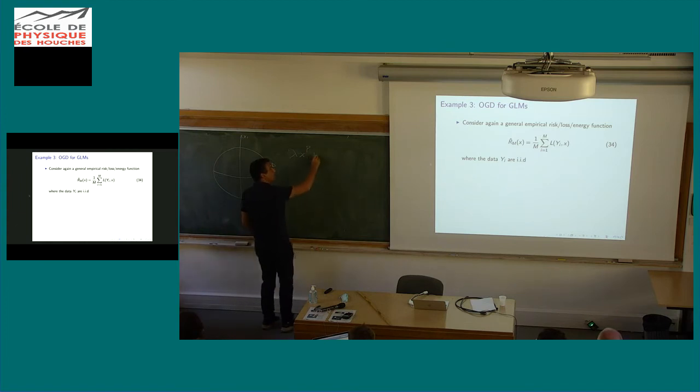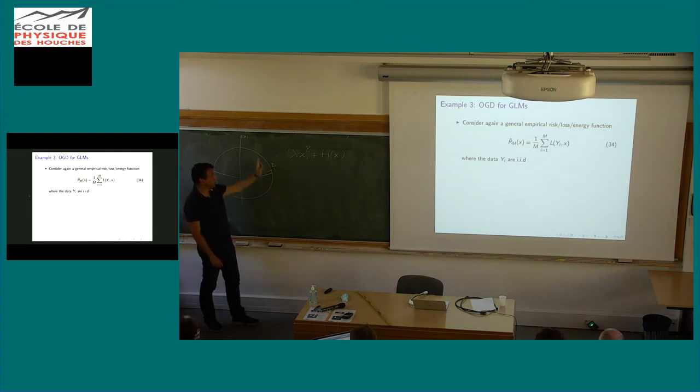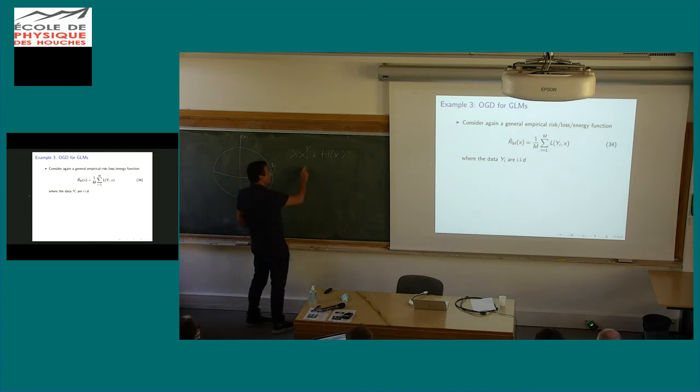X1 to the p plus a spin glass, right? So what is the gradient of this? The gradient in this direction, of course, is simply p x1 to the p minus 1 times lambda plus the gradient of this. And of course, the Hessian will have here, in this direction, p minus 1, x1 to the p minus 2.